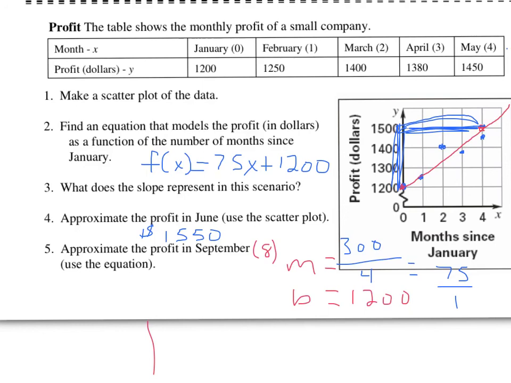So if I substitute that 8 into my equation that I found, it's going to be y equals 75 times 8 plus 1200. So 75 times 8 is 600, plus the 1200 gives me y equals 1,800. So the approximate profit in September, which is 8 months since January, would be $1,800 approximately.